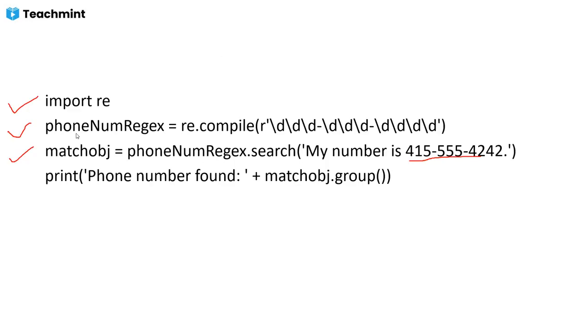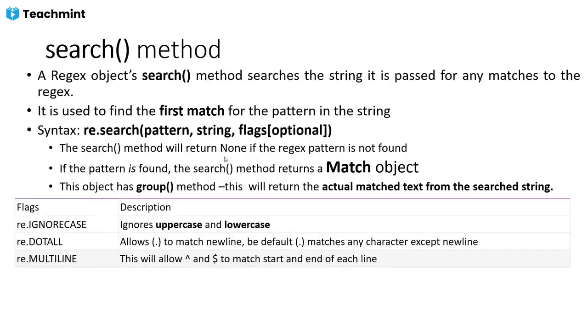In the previous slide, we saw one type of syntax where we called the search method on the regular expression object. But in this case, you are passing the pattern itself as the first parameter, the second is the string, and the third is the flag.